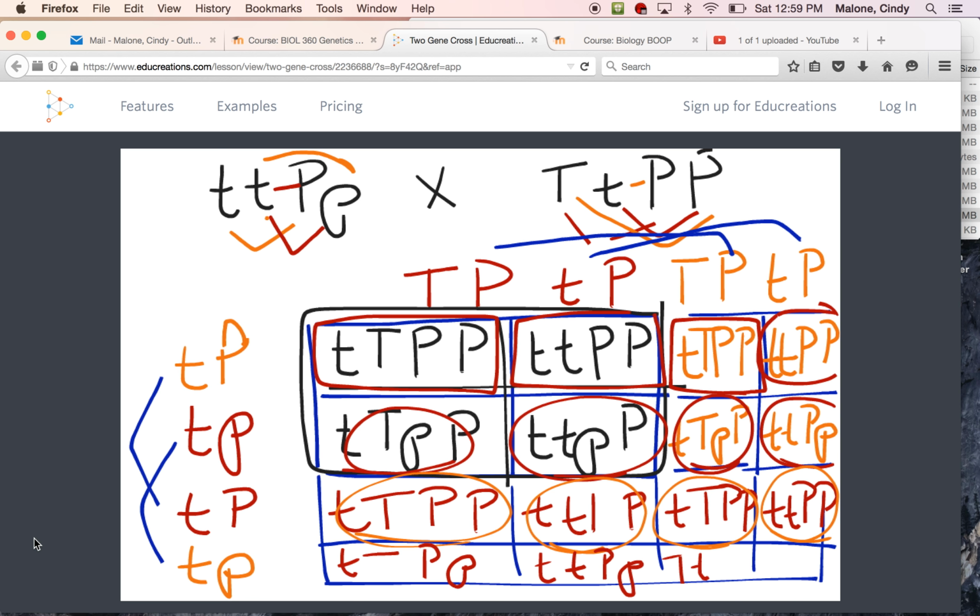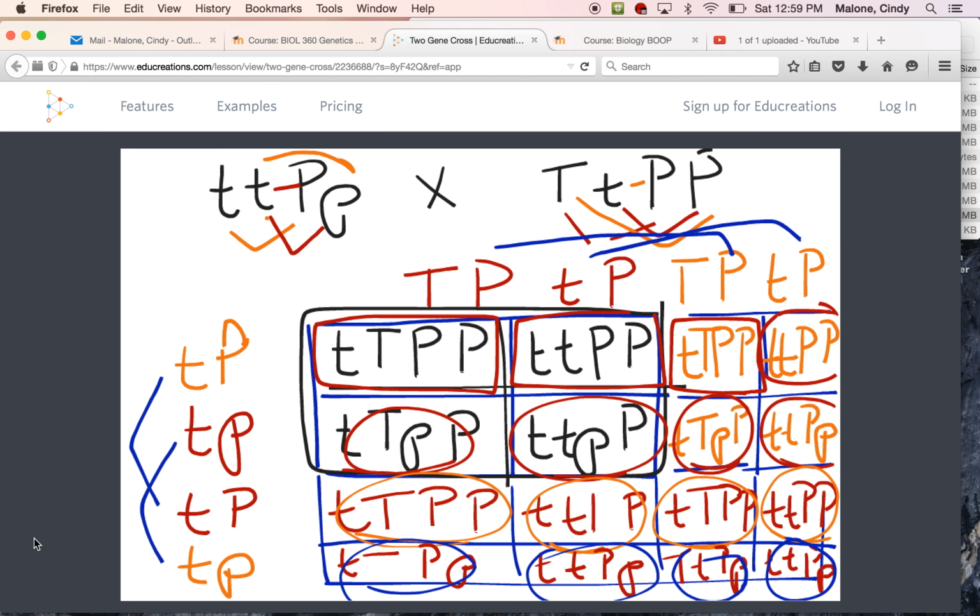Oh my gosh, I can't even read it in the corner. What we see again, in another color, is that this one is the same as that one, and this one is the same as that one.